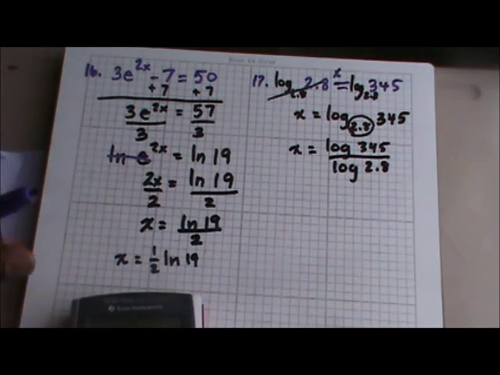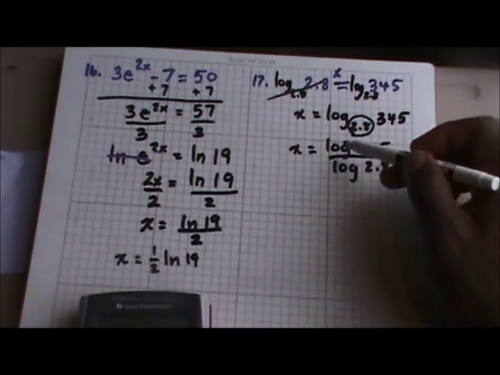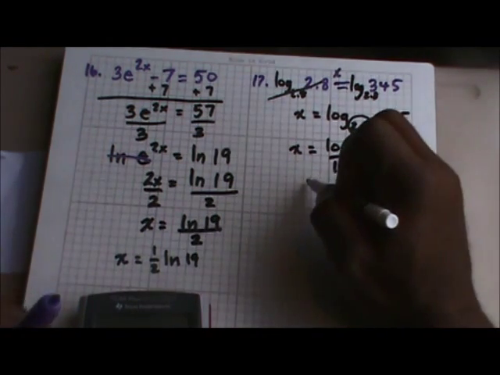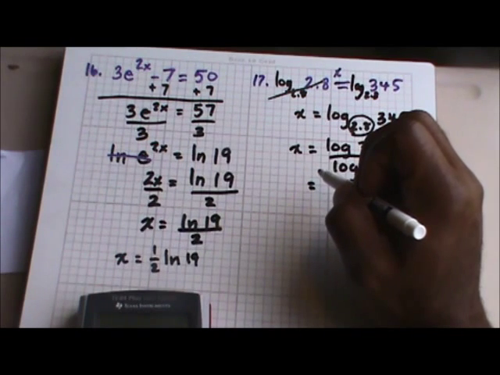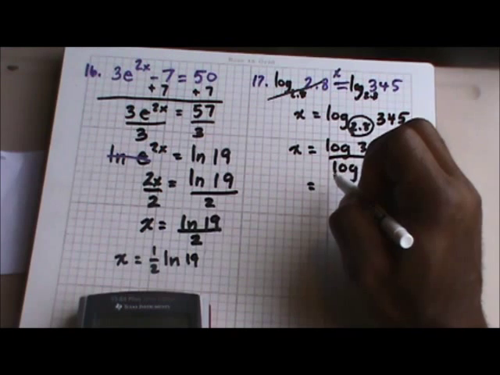All right, and in our calculator, or you can also use natural log and natural log. Remember that 345 divided by, make sure you use appropriate parentheses, log 2.8, close it, and we end up with 5.675.